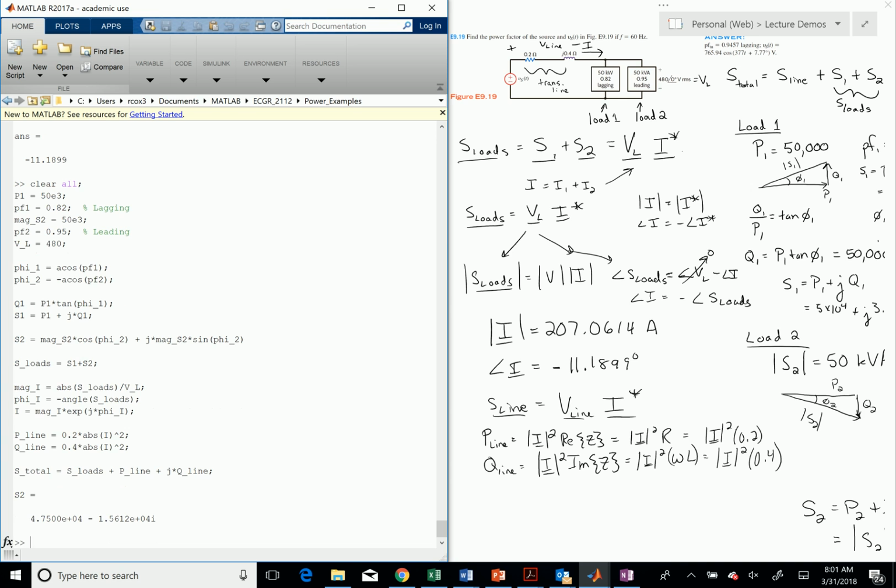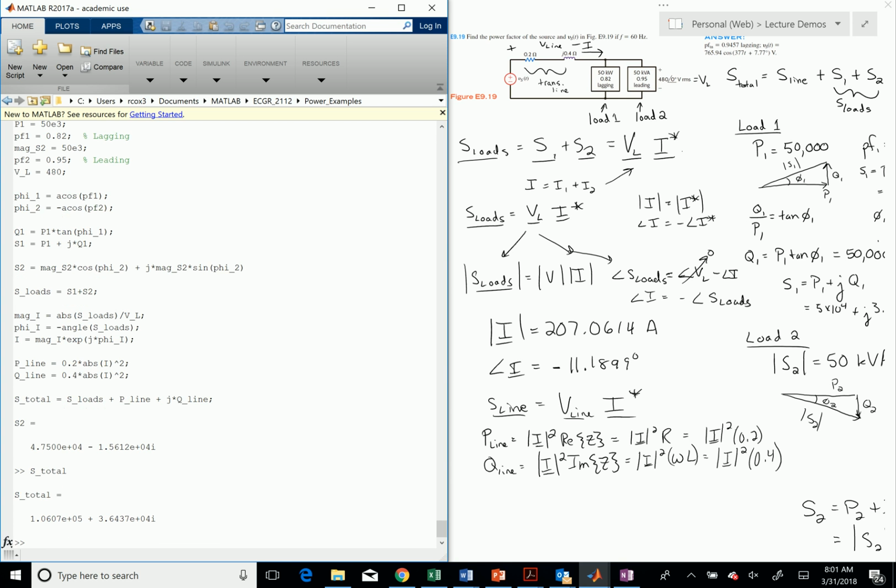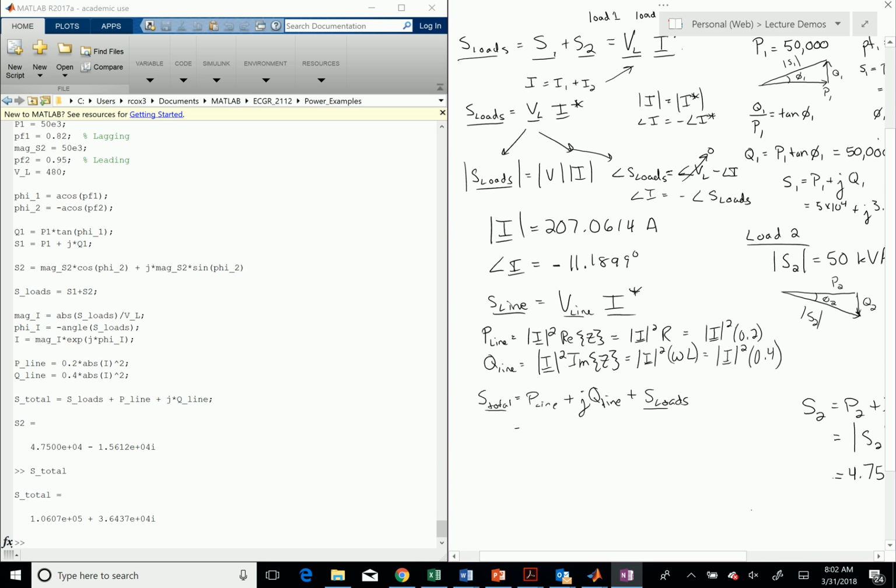Okay, and so now I get my S total, which is P line plus JQ line plus S loads, works out to be 1.0607 times 10 to the 5th plus J times 3.6437 times 10 to the 4th. Okay, all right, so I've got that.